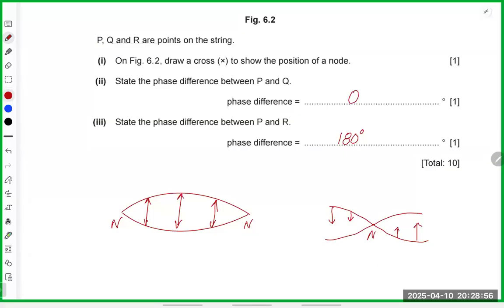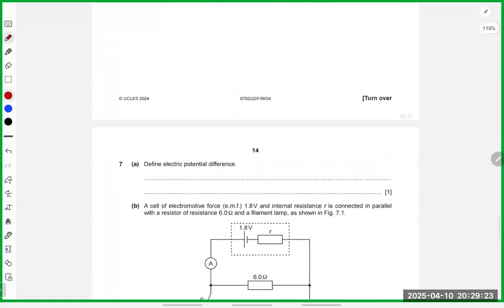So any one point here and any one point there, regardless of how far or close it is, if it is in two consecutive loops on either side of a node, the phase difference is always going to be 180 degrees. And no matter how far or close they are between nodes, they are always in phase. Their phase difference is going to be 0.